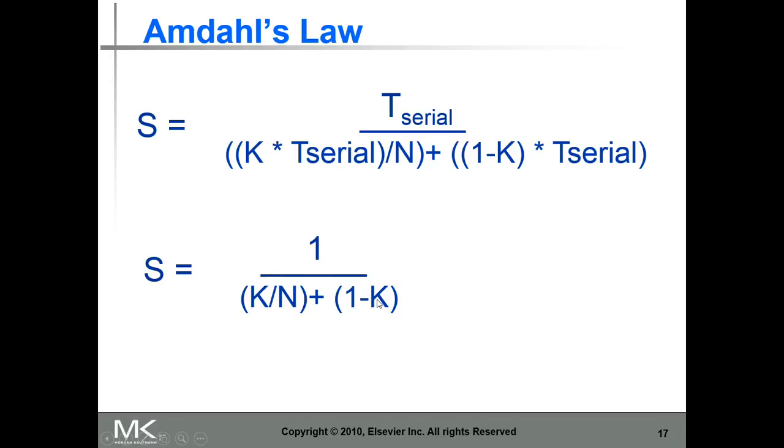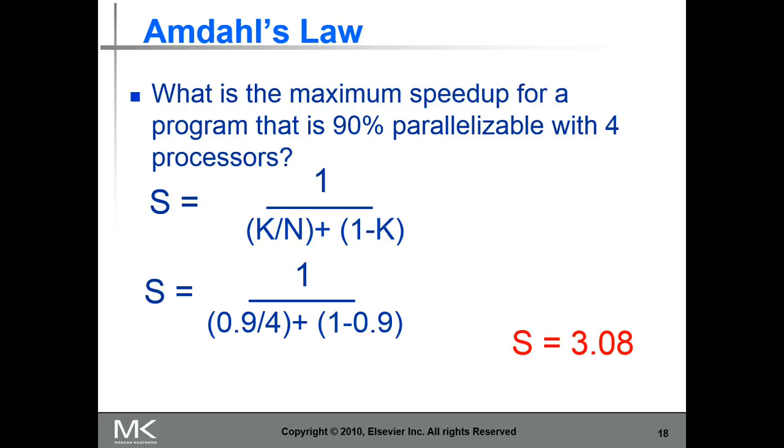So let's see an example of that in use. What's the maximum speedup for a program that's 90% parallelizable with 4 processors? Well, we know it has to be less than 10 because that's the maximum speedup for something that's 90% parallelizable with an infinite number of processors.